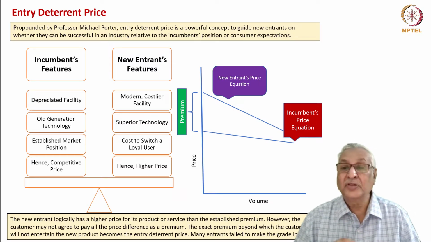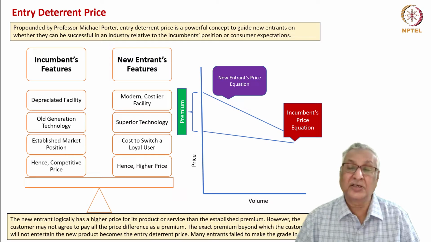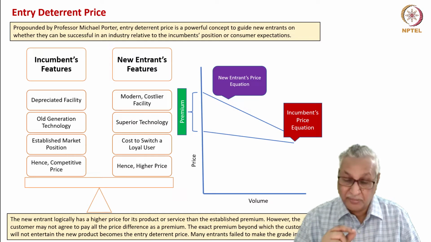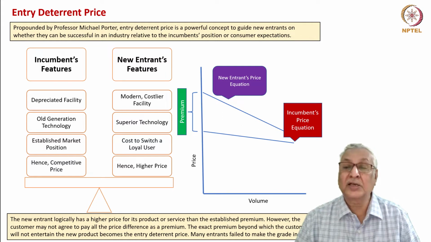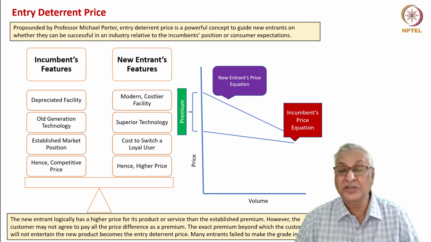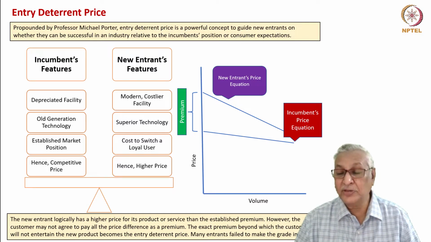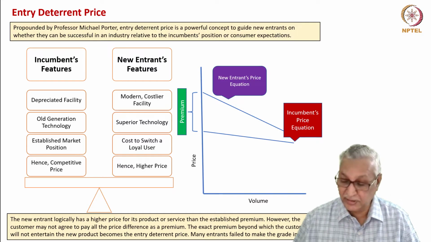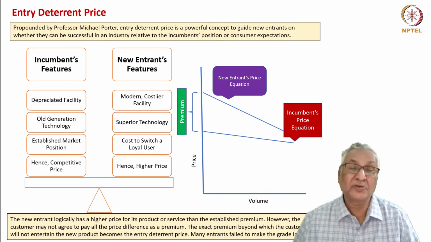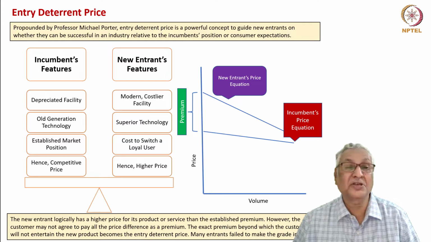That is, if the new entrant's cost equation or the price level is such that the price is above the entry deterrent price, there is very little likelihood of the new entrant making a success of the entry into the established industry. This is the reason why many entrants fail to make the grade in India, particularly in the commercial vehicle industry where the entry barriers have been very high.